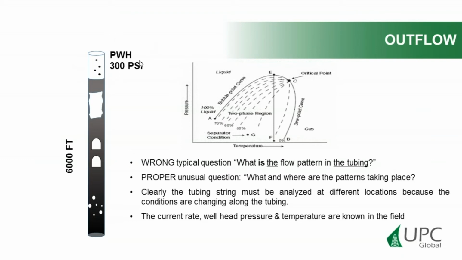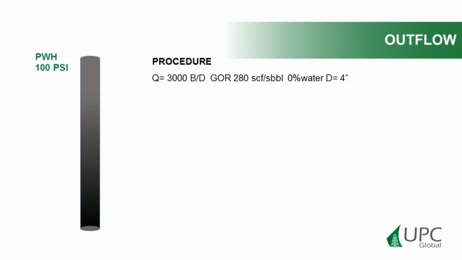Usually we start at the wellhead because measuring the wellhead pressure is very simple and commonly performed in the field. What is the procedure that we use to understand how the outflow is computed and what does it represent? So we start with the wellhead pressure.